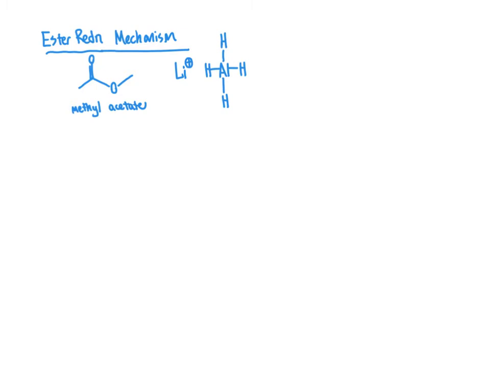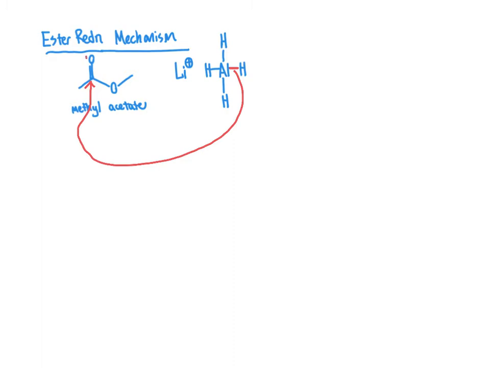Now, the way that we can show this reaction mechanism rigorously is we think of the hydrogen as possessing those 2 electrons from the bond that I've shown in red. That's going to come over, and it's going to attack the carbonyl carbon of our methyl acetate.